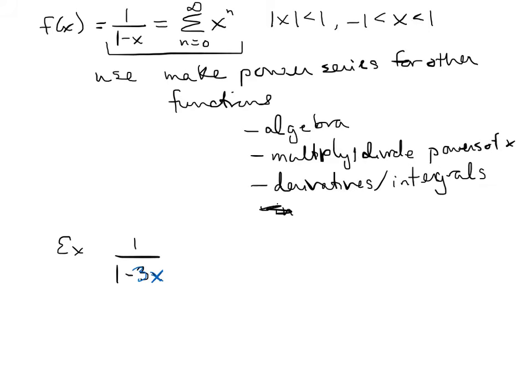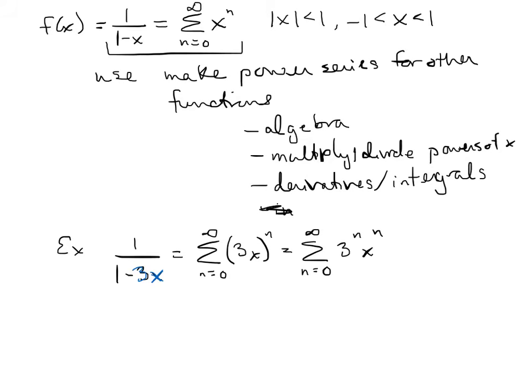So in order to make a power series for this, every time we see x, we can just plug in 3x. So instead of having x in the sum, we just plug in 3x. So that would all be raised to the n. So our power series for this function would be 3 to the n times x to the n.